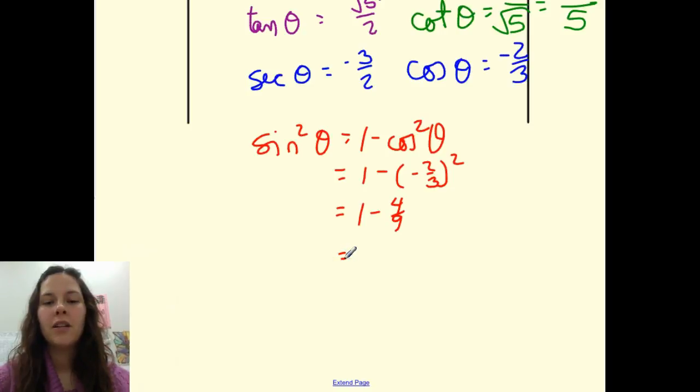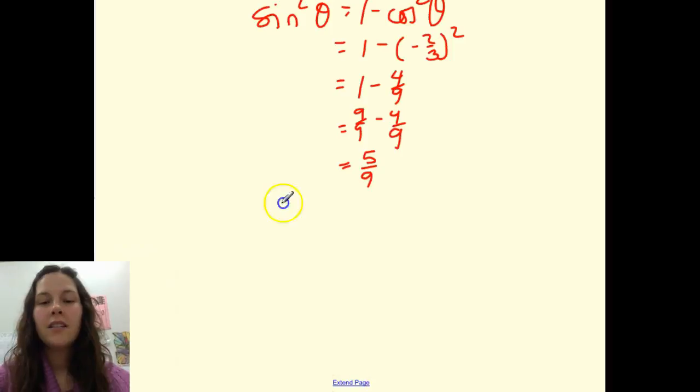Getting a common denominator, our 1 turns into 9/9 minus 4/9 gives us 5/9. And then to solve for sine, we'll take the square root of both sides. So we get positive or negative square root of 5 over 3.